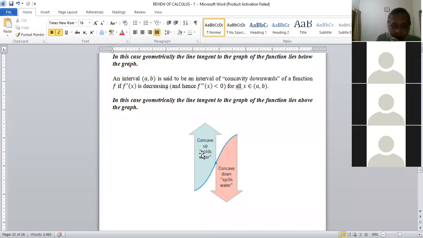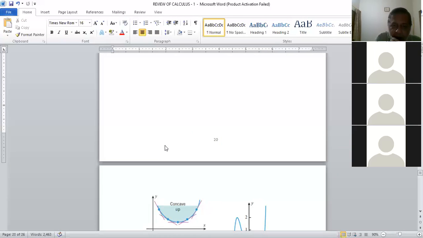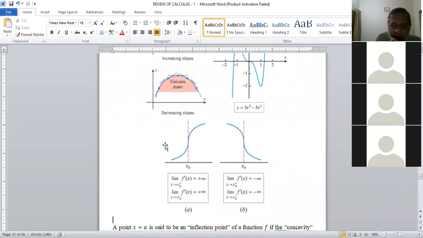So geometrically, line tangent to the graph of the function lies above the graph when concavity is downward, and it is below the graph when concavity is upward. This figure shows concave down and the tangents are upwards.